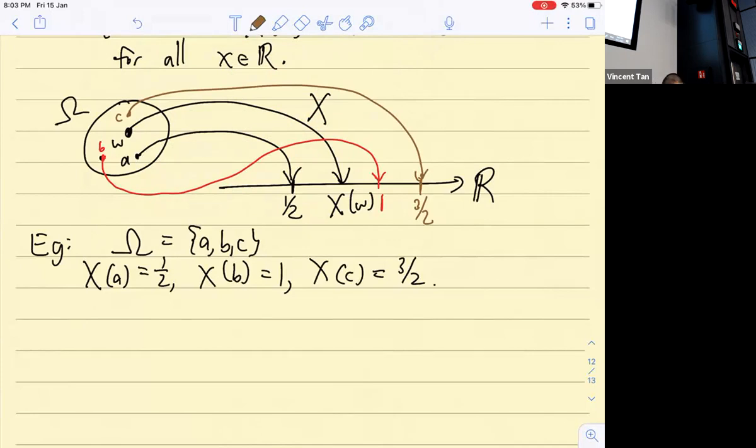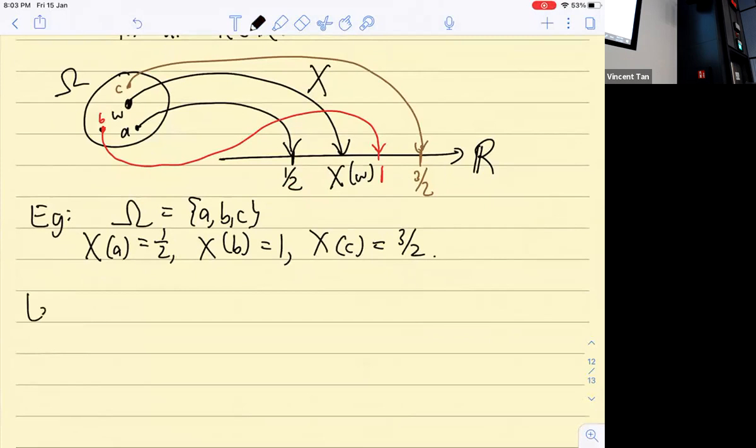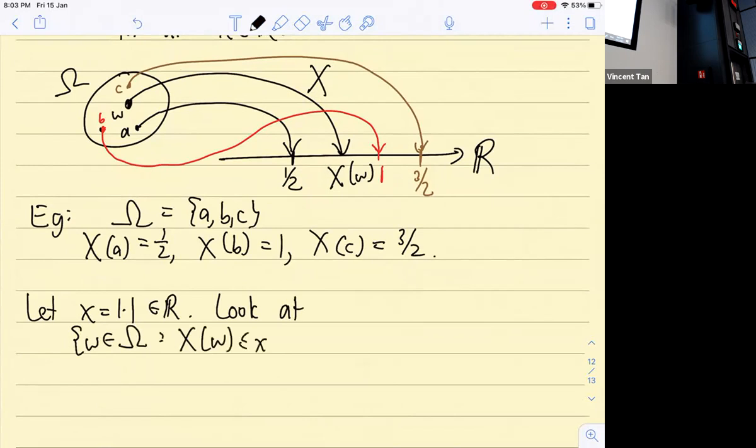All right, so now let's look at these so-called pre-images. Let x be equal to 1.1. 1.1 is certainly a real number. Then let's look at the set of omega in Omega such that X(omega) is less than or equal to x, which is 1.1. What are the elements that are less than 1.1?